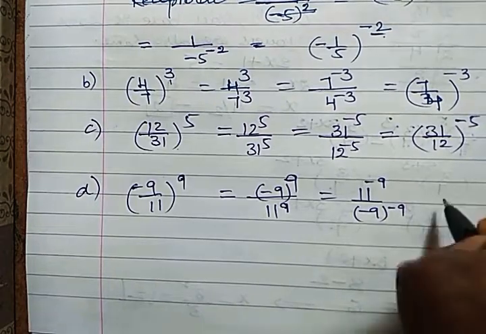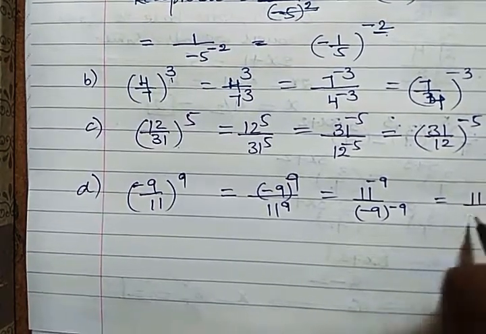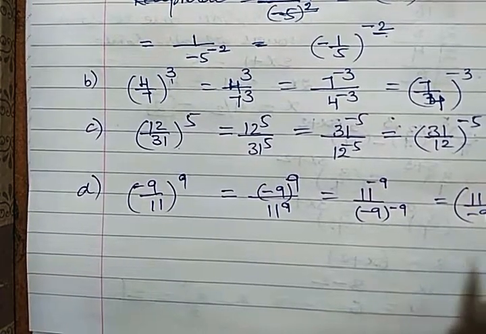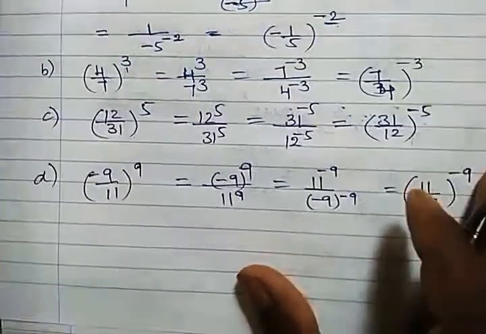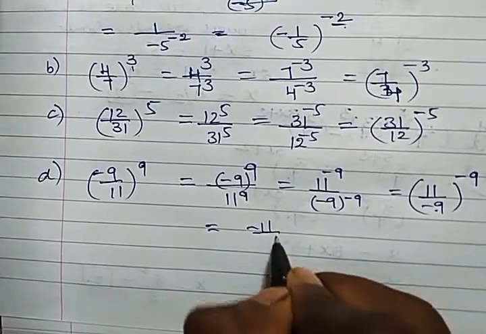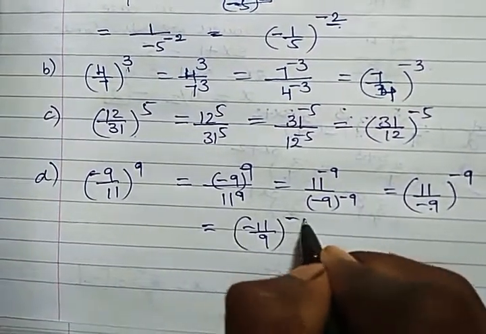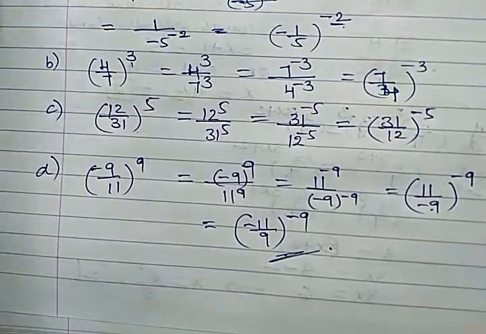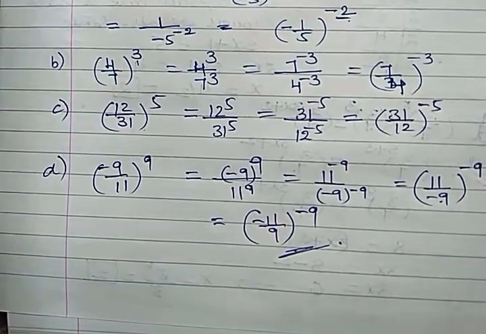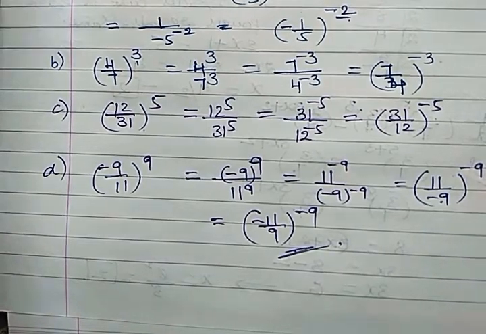Now both are having the same power. You can write it as 11 by minus 9 whole power minus 9. But the denominator should not have minus, so we'll send the minus also to the upside. That is minus 11 by 9 whole power minus 9, the ultimate answer for question D of 6. So this is about exercise 4.2.